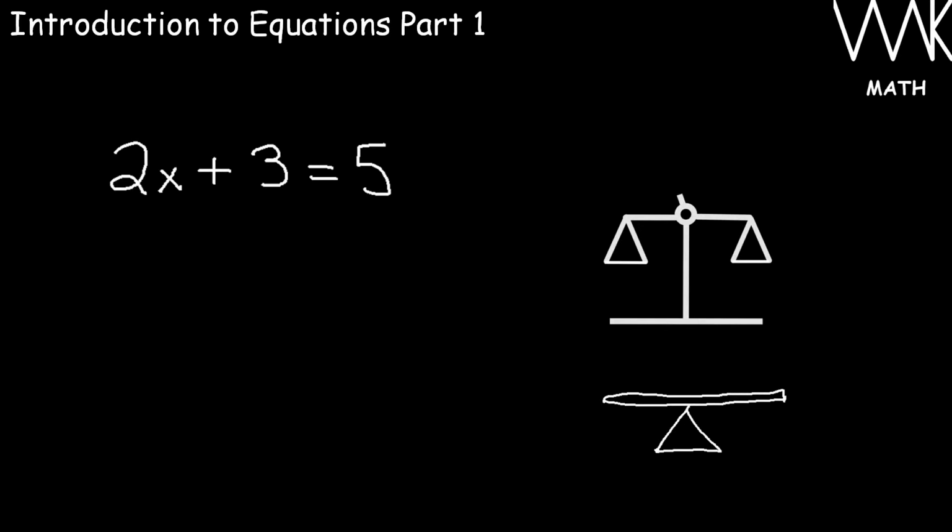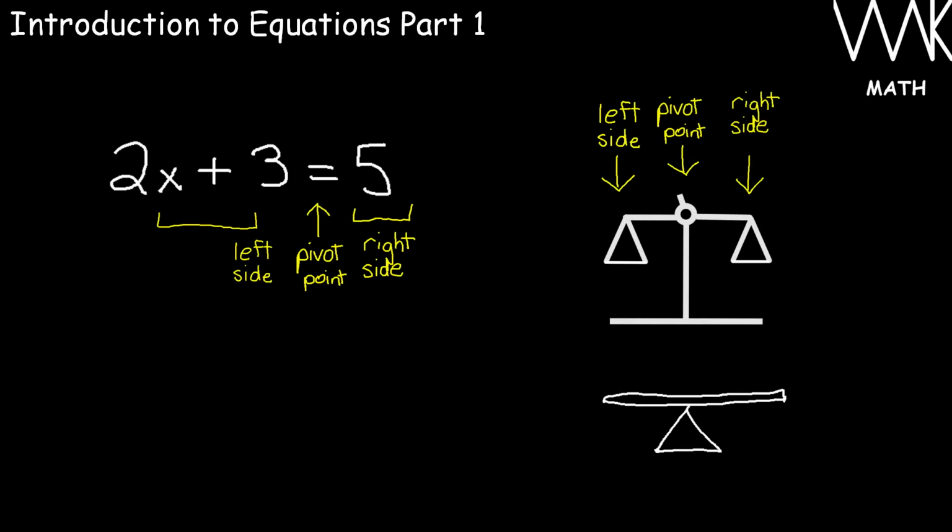So we have a pivot point, which is kind of like the wall, and that separates the left side and the right side. This is similar to the idea where we have a pivot point in the balance, or the seesaw, and we have the left side and the right side.